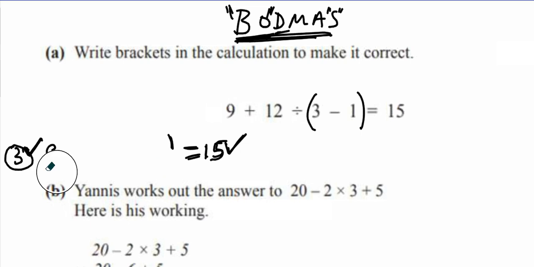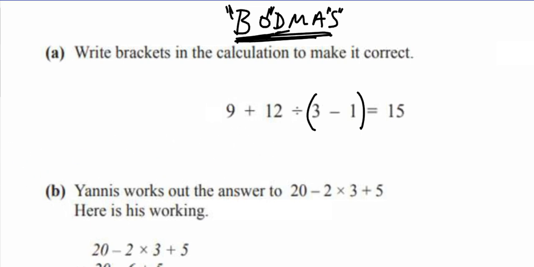That is where the brackets should be. Let us check if it will be correct. According to BODMAS, you start with brackets. So this will be 3 minus 1. 3 minus 1 is 2. So this will be 9 plus 12 divided by 2.